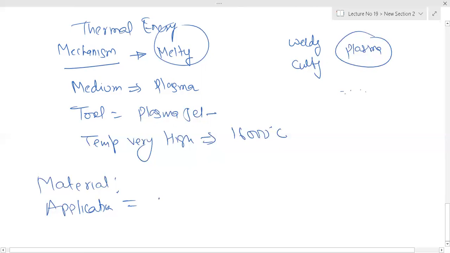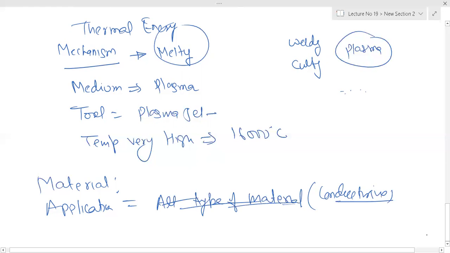I mean, it may be all types of material. Sorry, conductive material only.